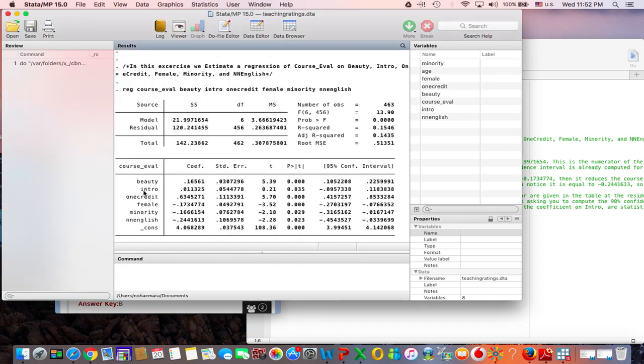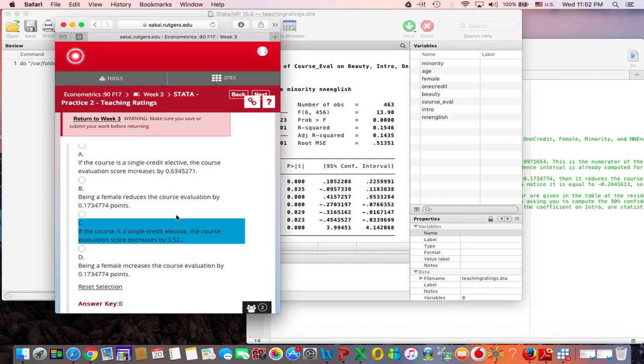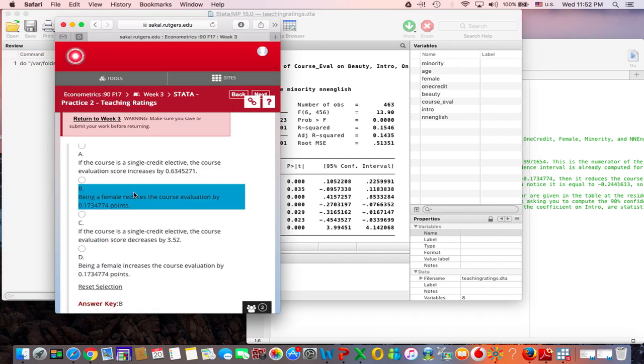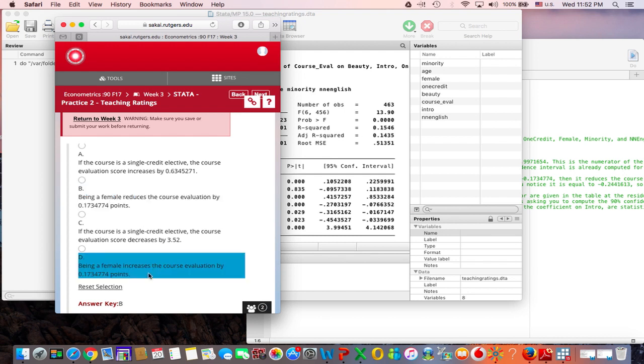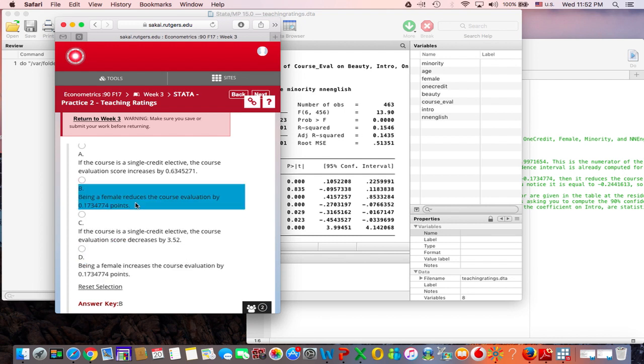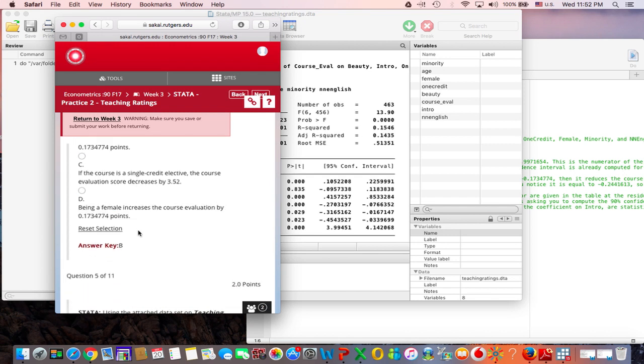So when you look at female here, being a female would decrease the course evaluation by about 0.17 points, right? And then a one credit course increases the course evaluation by about 0.63. So you need to find one of these two numbers. Then you can find the number here, and this one says reduces, not increases, because we have a negative number in front. I mean, you have a negative sign in front of this number. So the correct answer is B.